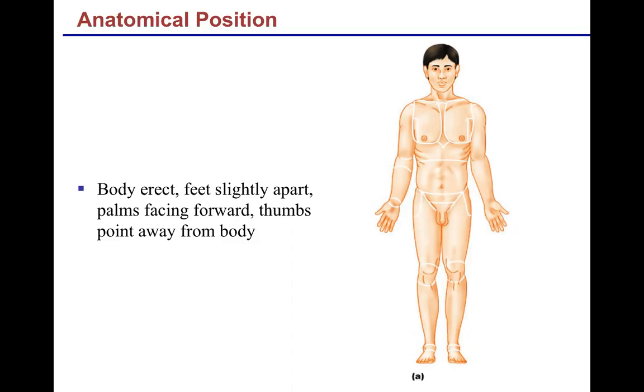And this is the position that we use all the time for the entire course in order to study the body parts of the person. So again, the body standing erect, feet apart, palms facing forward, thumbs away from the body.